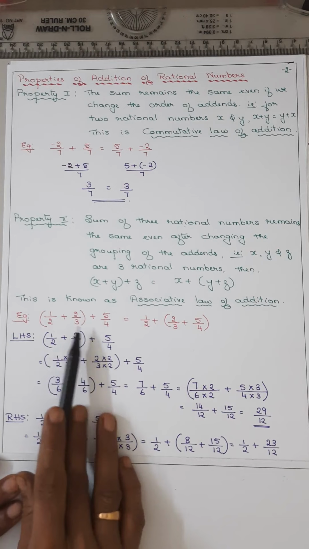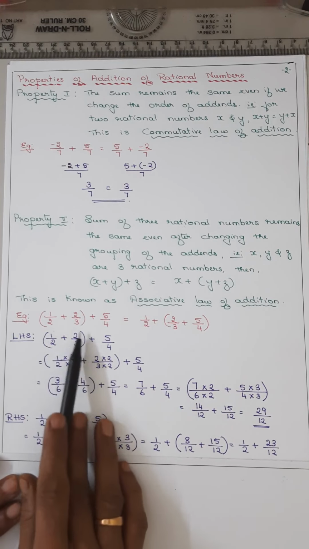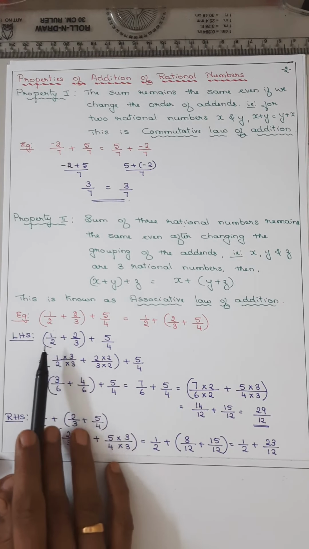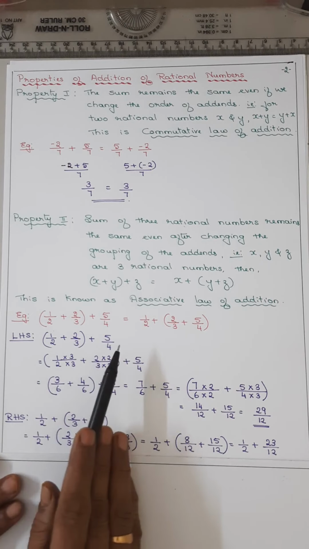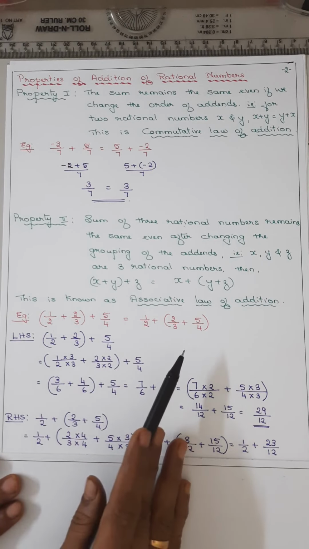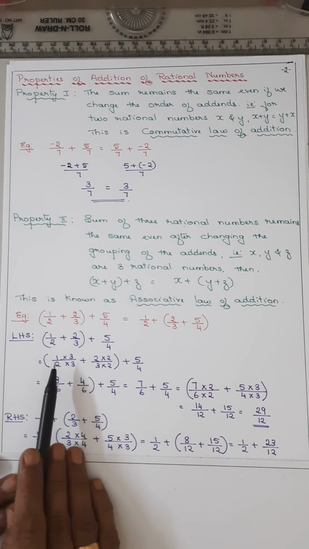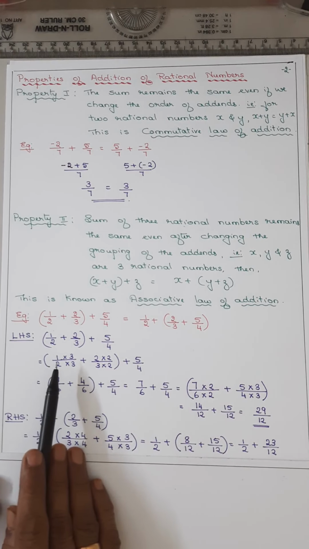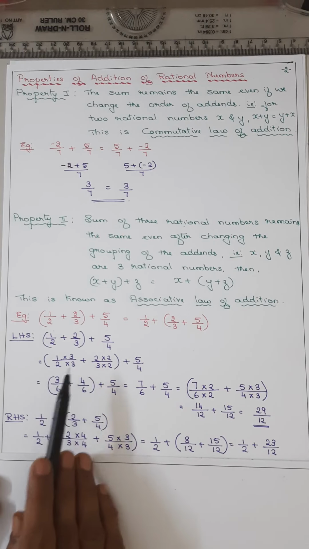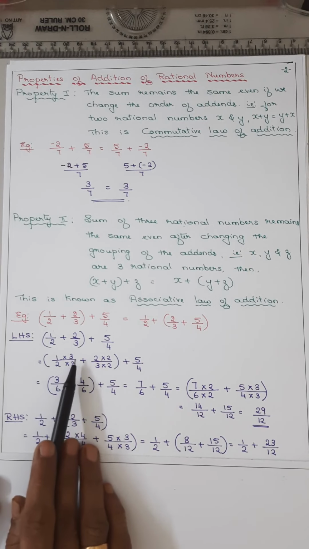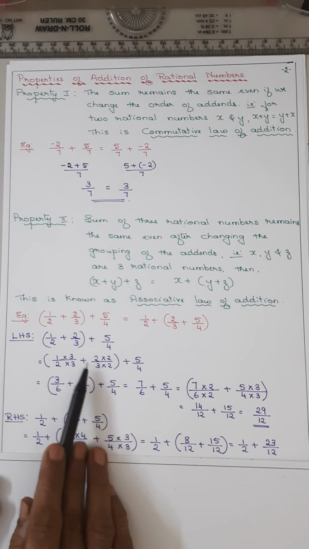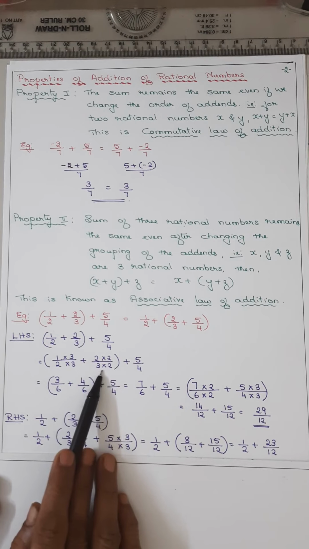Now first we have to add these two. Now 2 and 3 both are prime numbers. Just multiply, 2 3s are 6. Here we are not writing the LCM steps like earlier. Directly we will write: 2 into 3, numerator multiplied by 3, plus 3 in the denominator.